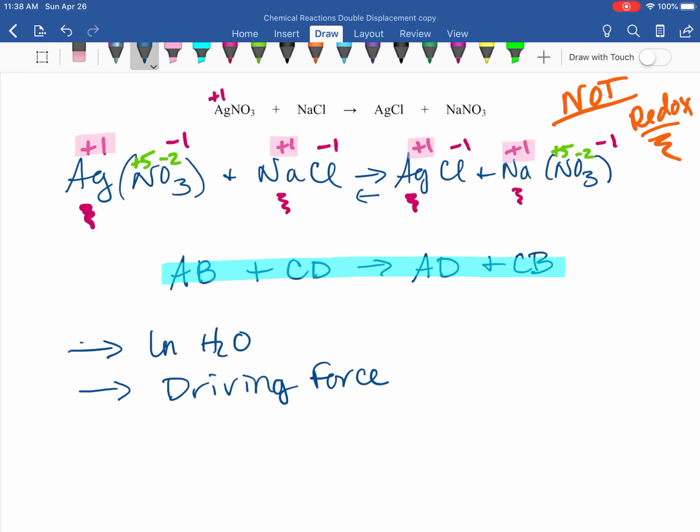And then second, we are going to look for a driving force. Now that's what I'm going to call it, because in theory, all double displacement reactions are one massive equilibrium. So if you literally don't have a driving force, you're just going to dissolve all this stuff in water and it's just going to sit there and stare at you. Nothing's going to happen.